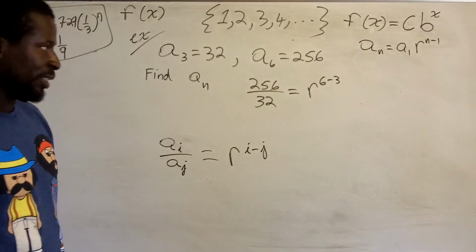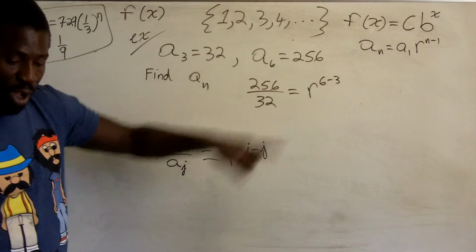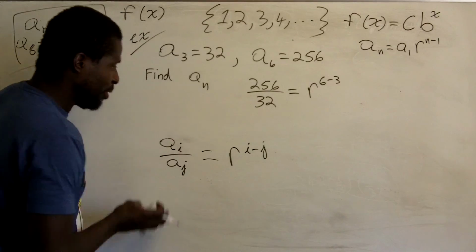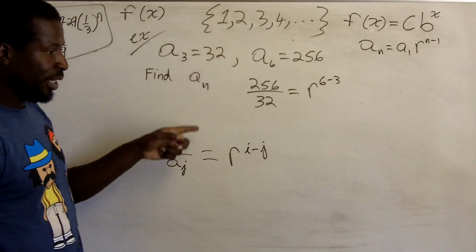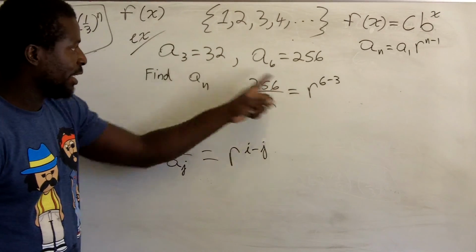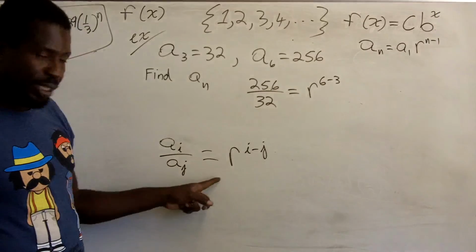That's what this formula says. Let me get rid of the formula, but you see where everything comes from: Ai, Aj, the two things that are given, i is 6, j is 3, r to the 6 minus 3.